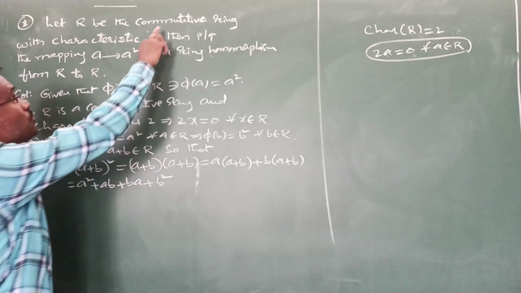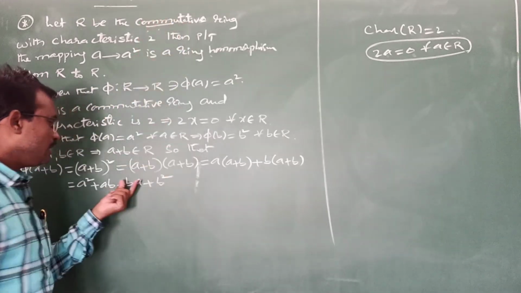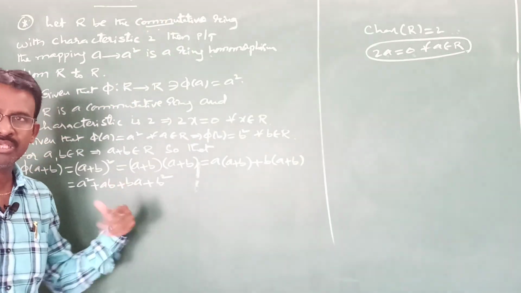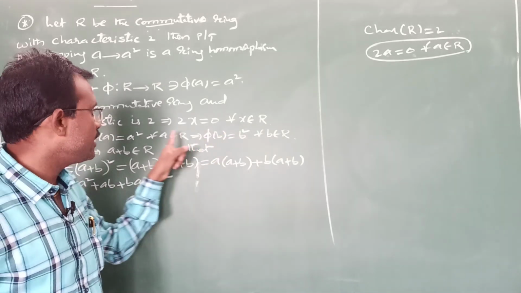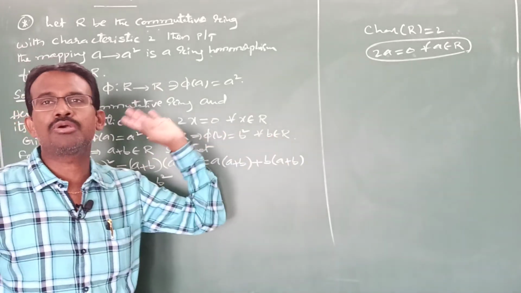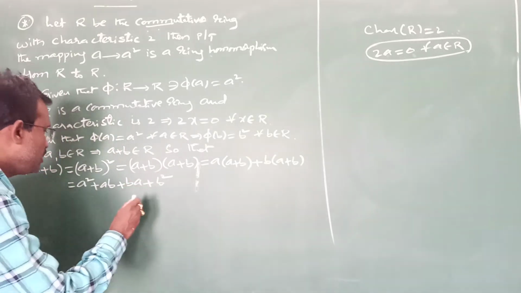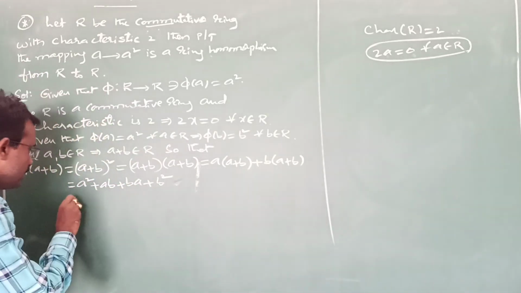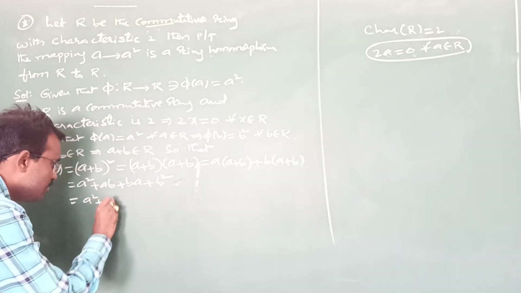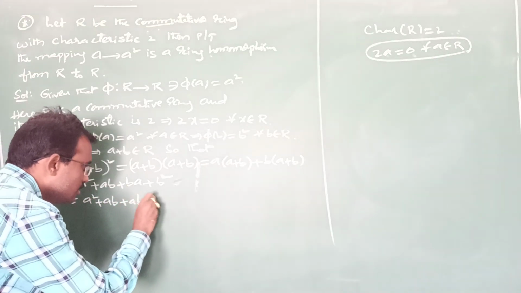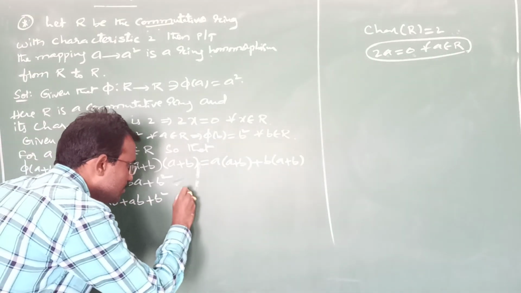But here R is what? Commutative ring. So AB and BA are one and the same: AB equal to BA whenever A and B are elements of ring R and R is a commutative ring. Like that this BA we are writing as AB. I mean, you can write this as A square plus AB plus AB plus B square. Clearly I am writing the reason.